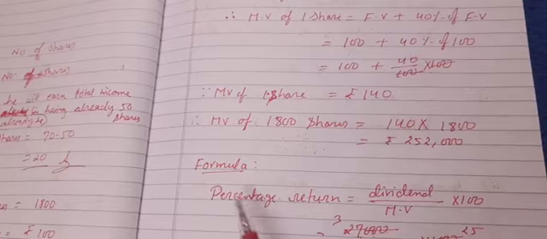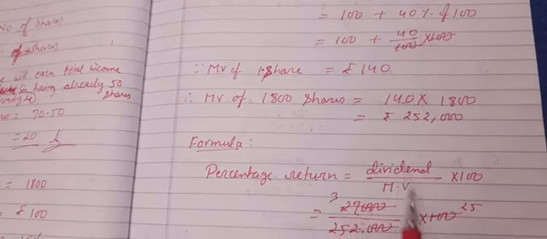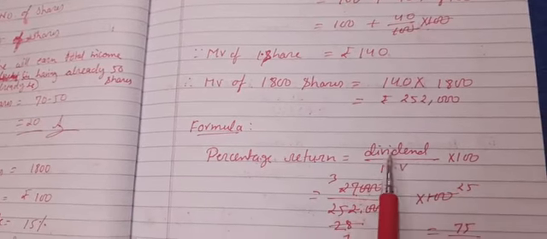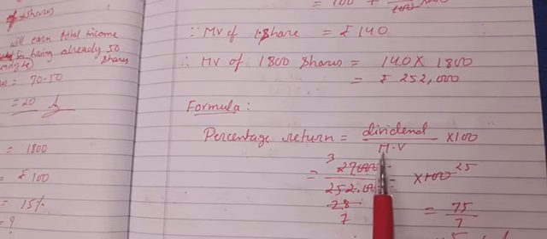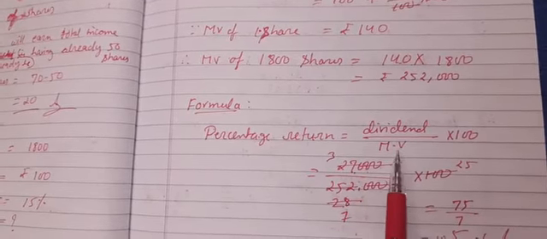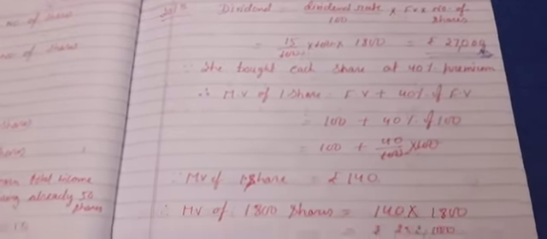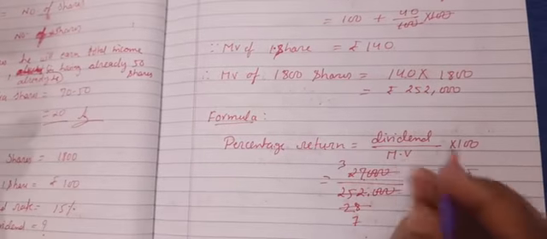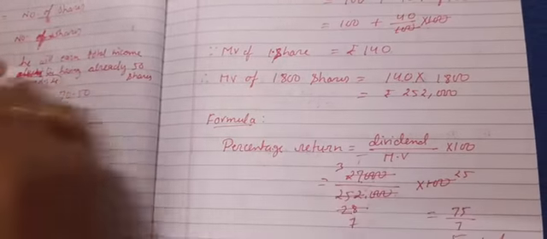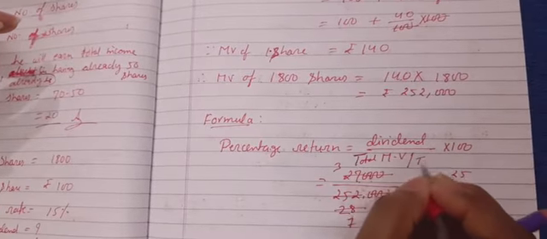But what we need to find out is the percentage return. What is the formula for percentage return? Dividend upon MV, not dividend percent. This is dividend upon total investment or total MV, not MV of one share. This is MV of total shares or total investment, into 100. What was the dividend? Dividend was 27,000. Here we have calculated 27,000. And what was MV or total investment? This is total MV or total investment.